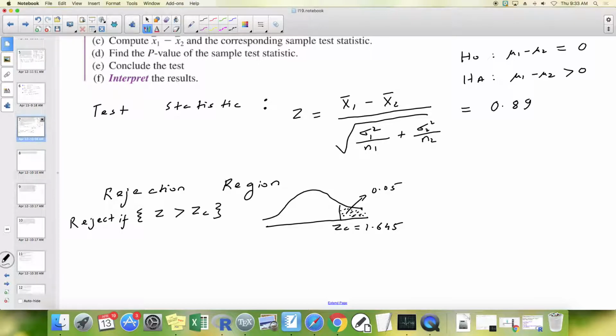All right, so if Z is bigger than ZC equals 1.645, then reject H0. Reject H0 if this happens. So does it happen for me? No. 0.89 is less than 1.645. So fail to reject H naught.